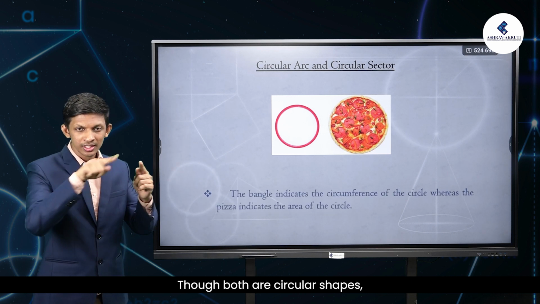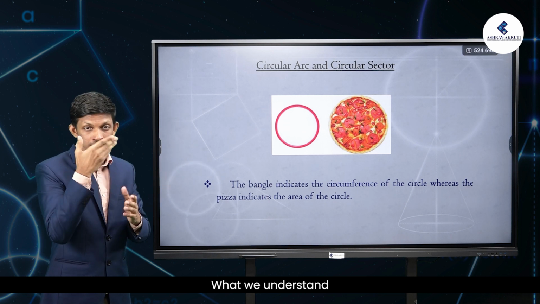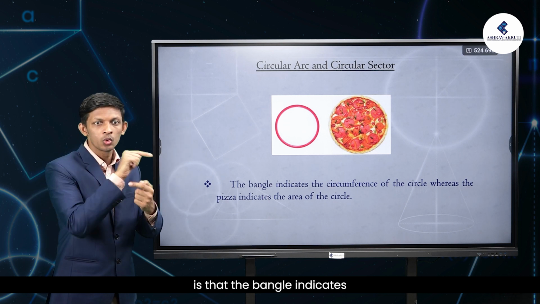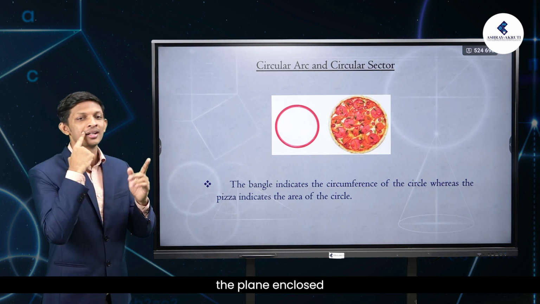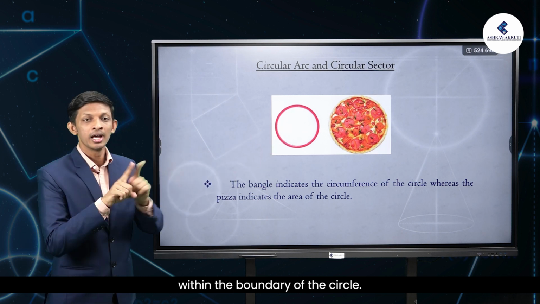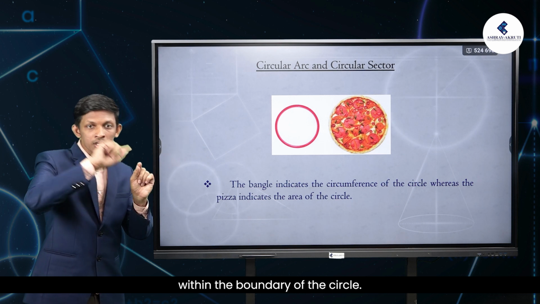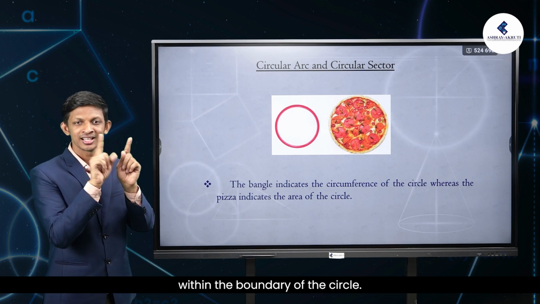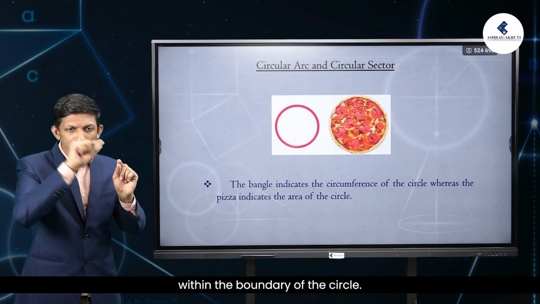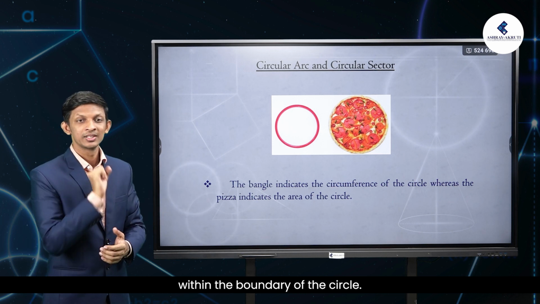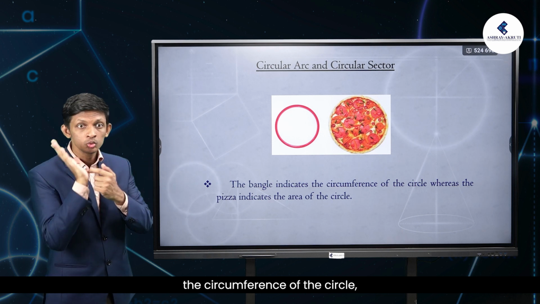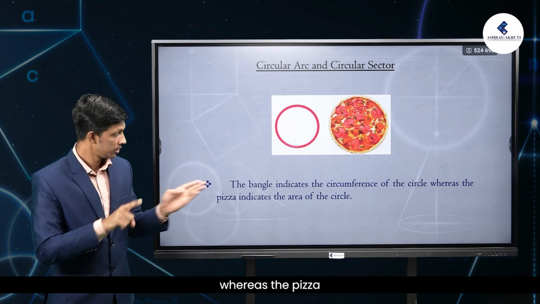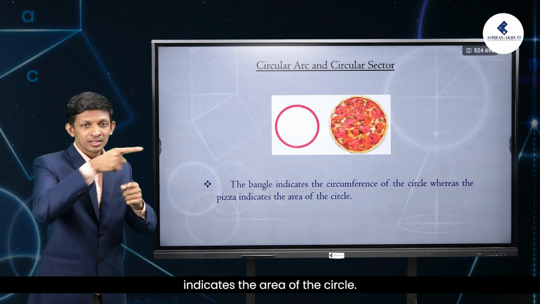Though both are circular shapes, what we understand is that the bangle indicates the boundary of the circle, whereas the pizza indicates the plane enclosed within the boundary of the circle. Thus, it is clear that the bangle indicates the circumference of the circle, whereas the pizza indicates the area of the circle.